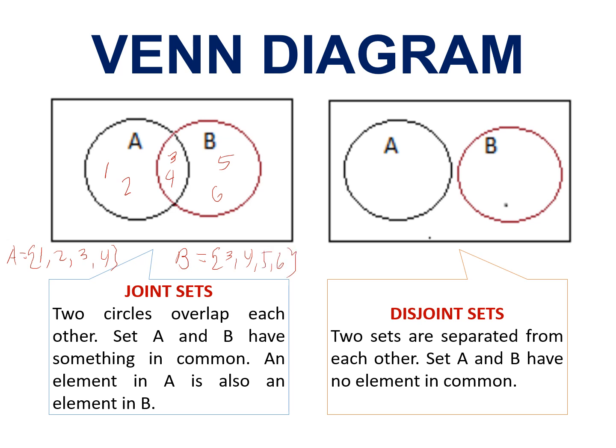If you notice, the 3 and 4 here are their common elements. That's why the sets are called joint sets.